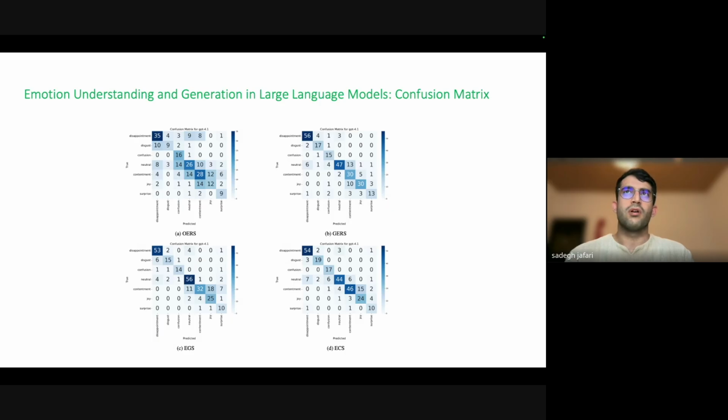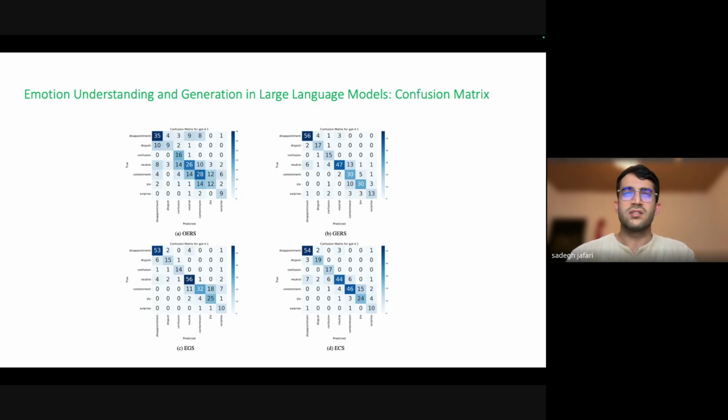We also calculated the confusion matrix for different metrics here. For almost all of them, most of the errors are related to the confusion between contentment and joy, because the meanings of those emotions are near to each other, and most people and models make some mistakes here.